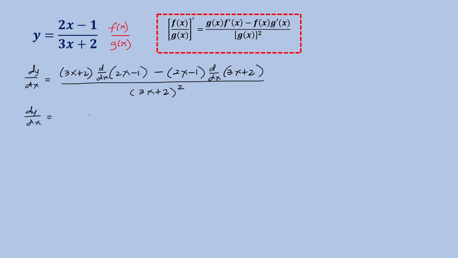So the derivative of y is equal to 3x plus 2, and then the derivative of 2x minus 1 is 2. So this would be 2 minus, let us copy 2x minus 1, and the derivative of 3x plus 2 is 3 over the square of 3x plus 2.